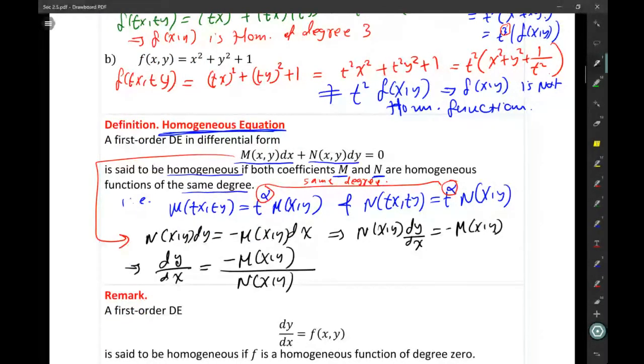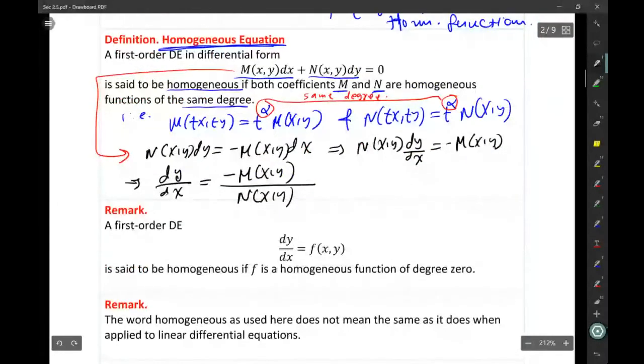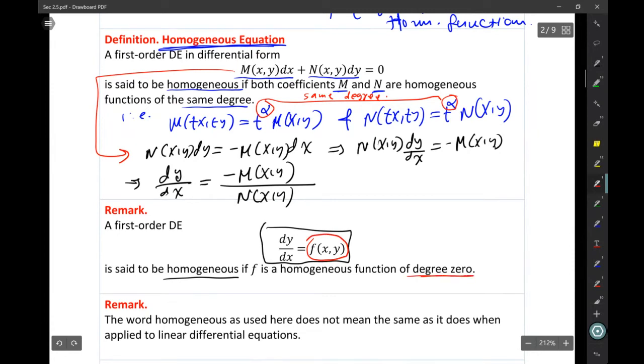Okay. طيب الآن if the differential equation is written in the form dy by dx is equal f of xy, this one will be called homogeneous if my function here f of xy is homogeneous of degree 0.